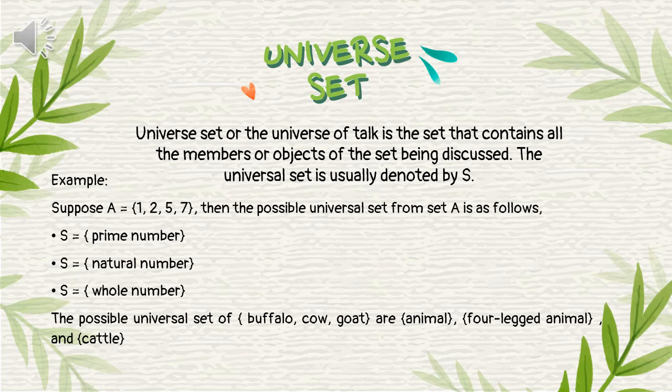Then the possible universal sets from set A are as follows: set S is prime numbers, set S is natural numbers, set S is whole numbers. The possible universal sets of buffalo, cow, goat are set of animals, set of four-legged animals, and set of cattle.